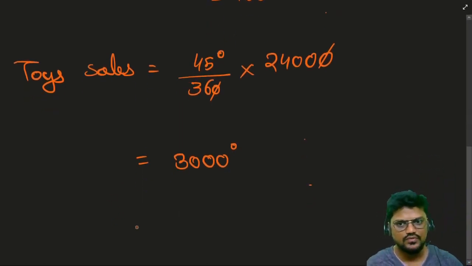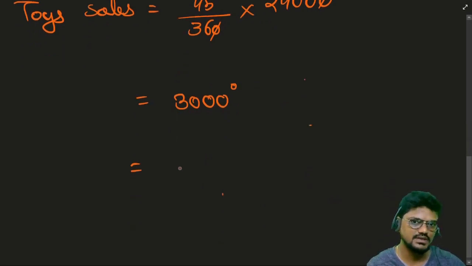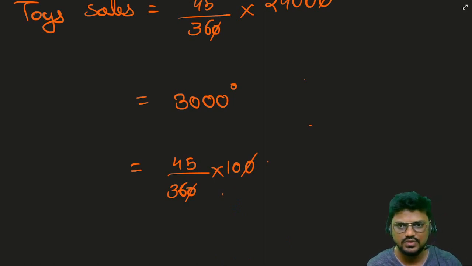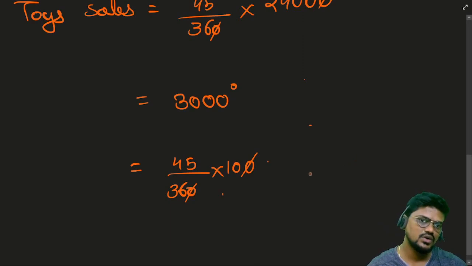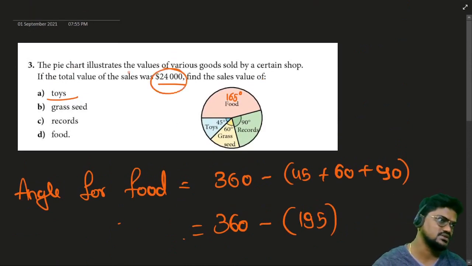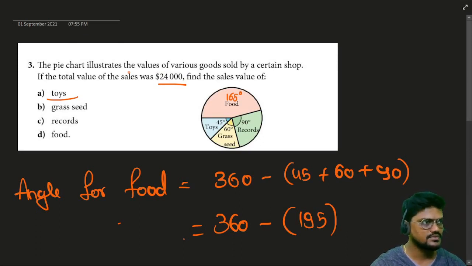If you want to calculate in terms of percentage, then 45 upon 360 into 100 gives 450 divided by 36, that is 12.5 percent. Now what is 12.5 percent of 24,000? That will be 3,000. That can also be done, you can do it in that way also.